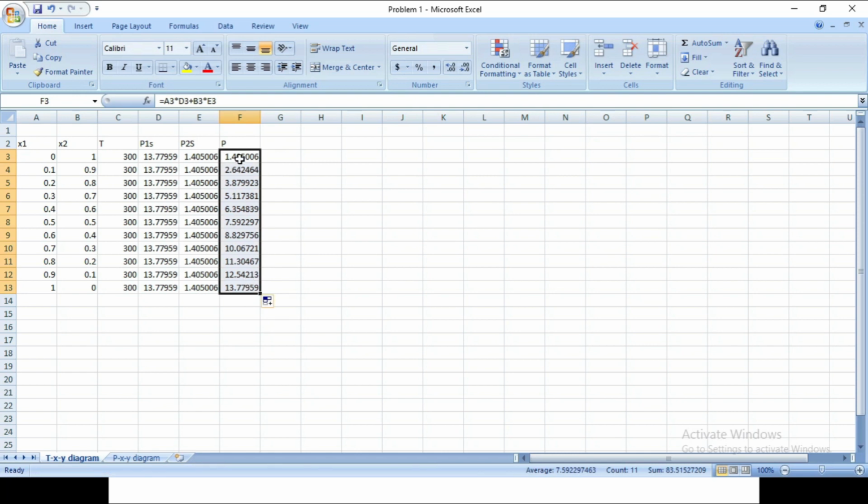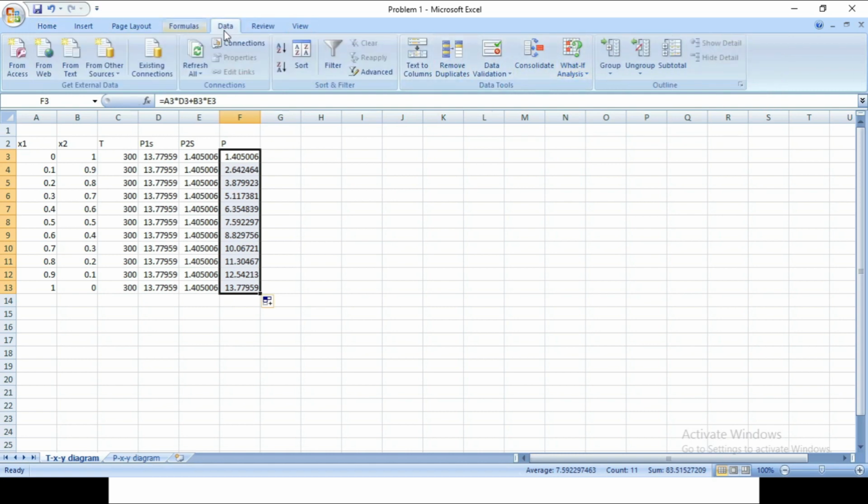If you look at this column, the P I have calculated is for the assumed 300 Kelvin, but in the problem statement P is given as 101.3 kilopascal. I'm going to use goal seek to reassume or recalculate the temperature for the pressure of 101.3 kilopascal.